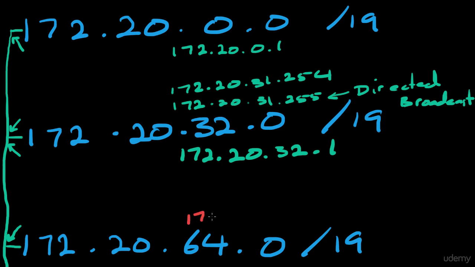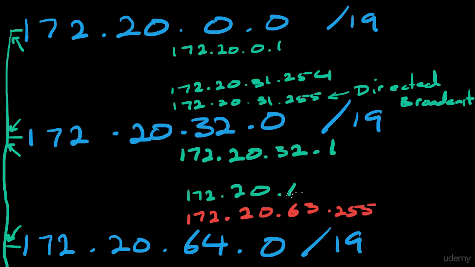It is 172.20.63.255. The last valid IP, therefore, is 172.20.63.254.